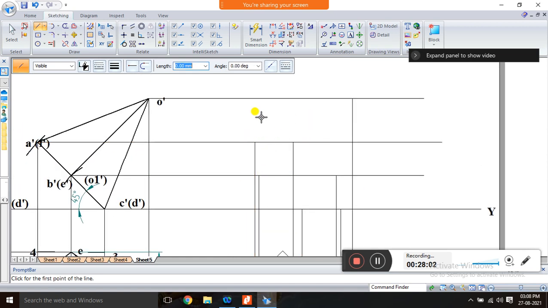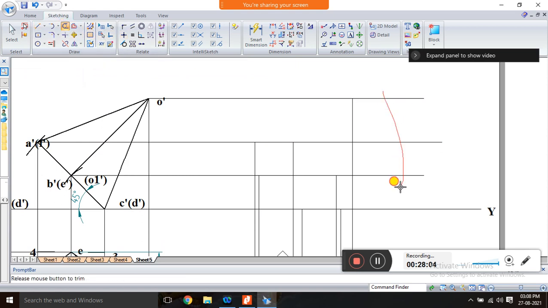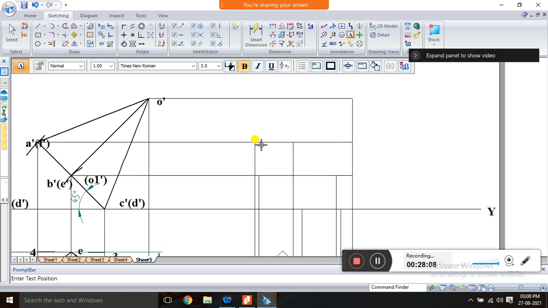So intersection of all these you have to mark, then give the naming. This is A dash, okay, B dash, C dash, D dash, E dash, and F dash. This is O dash.